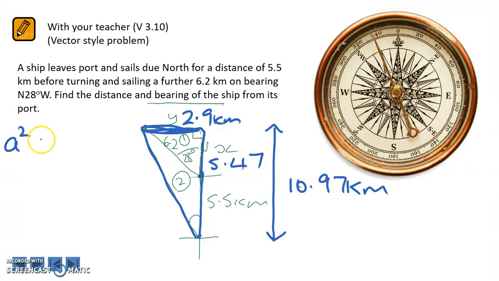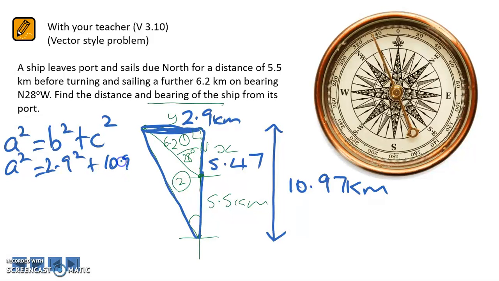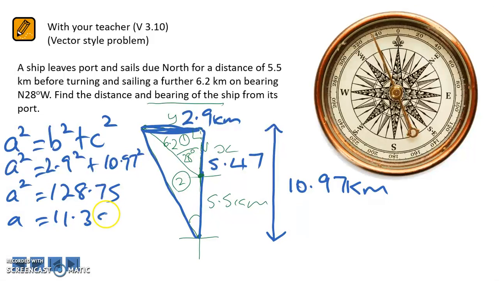So knowing our formula for a right angled triangle, for our hypotenuse is a squared, side b squared, plus side c squared is 128.75, and so the square root of our answer is 11.35 kilometres.